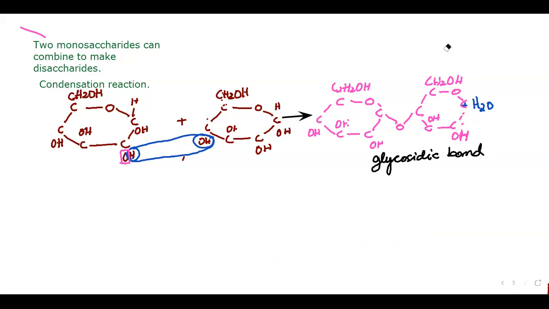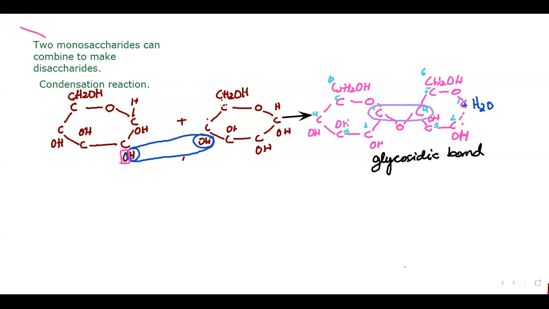Now, if I decide to number the carbon atoms, we always start from the carbon after the oxygen. So this is 1, 2, 3, 4, 5, 6. The bond is forming between carbon number 4 and carbon number 1.